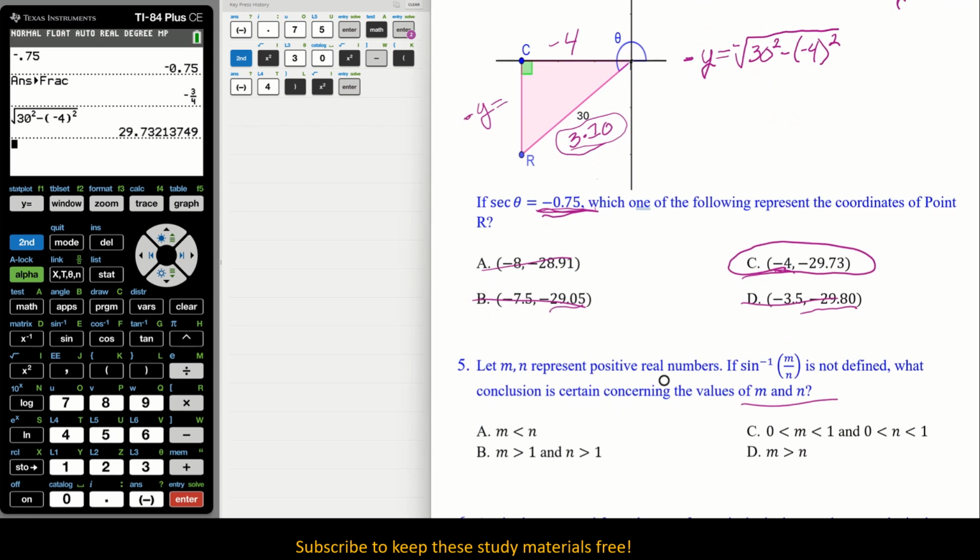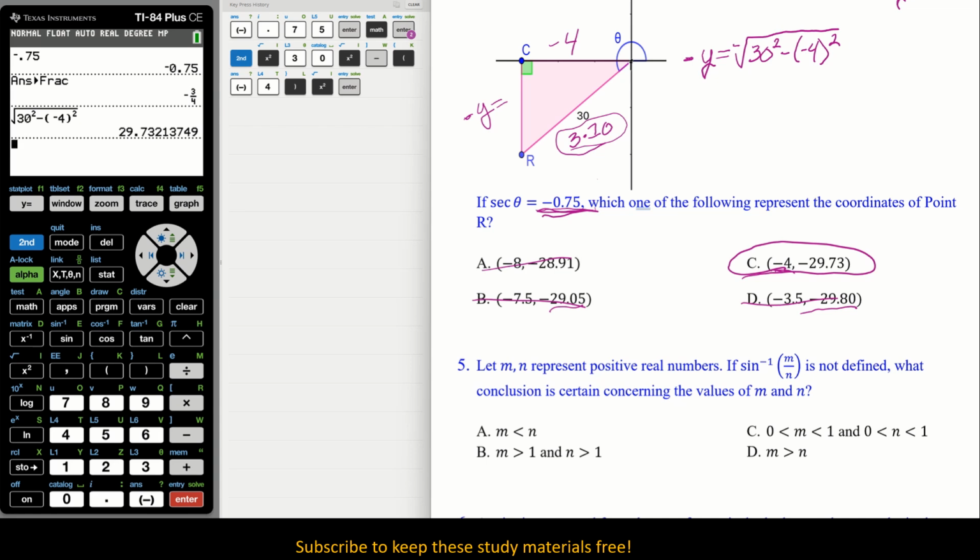Number 5 is just a matter of knowing your values of sine, cosine, and so on. So let m and n represent positive real numbers.